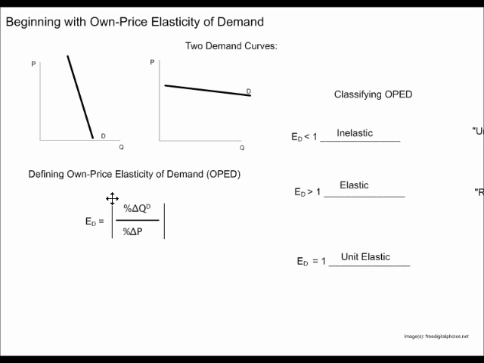For us, when we get that value, the number that's important to us in terms of figuring out how we classify a good according to its own price elasticity of demand is the number 1. If the value of elasticity is less than 1, we say that a good is inelastic, or more formally, we say that the demand for the good is price inelastic. If the number that we get is greater than 1, then the term we use for that is elastic.